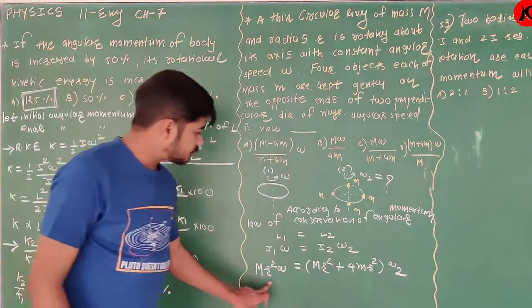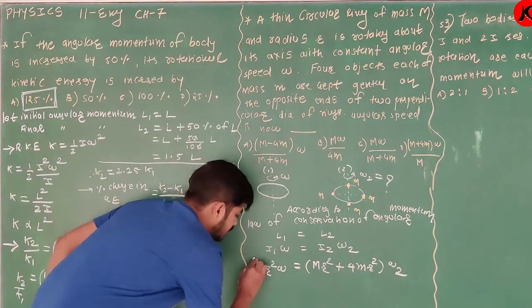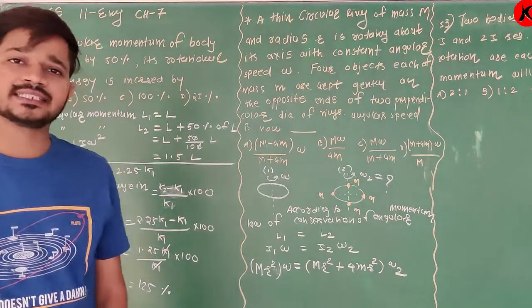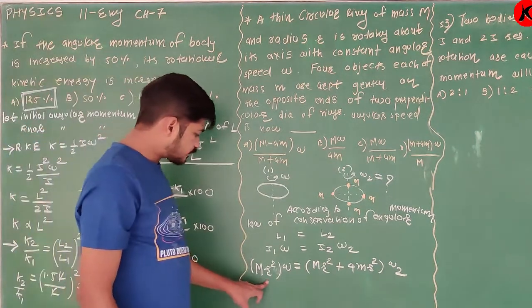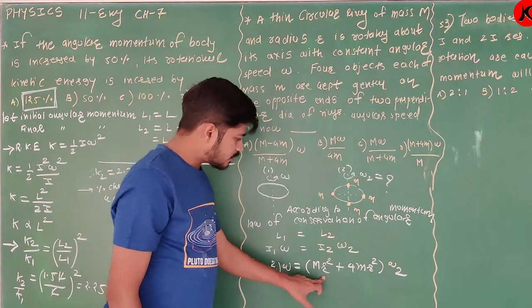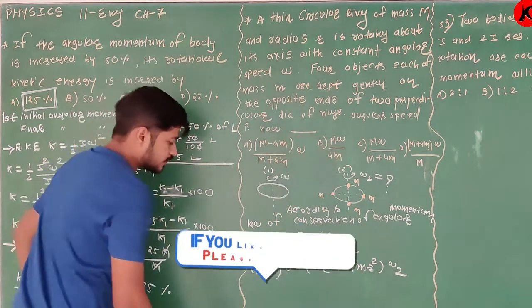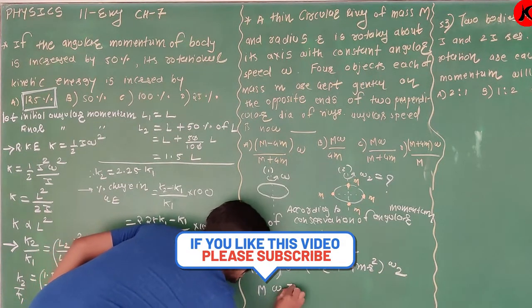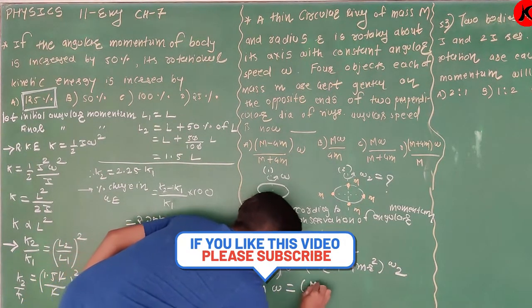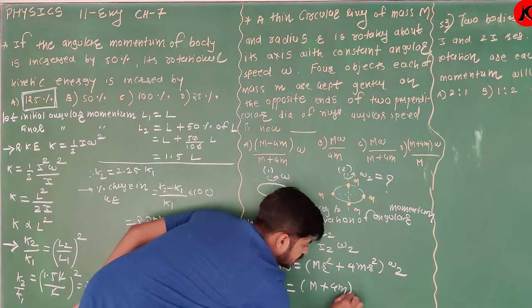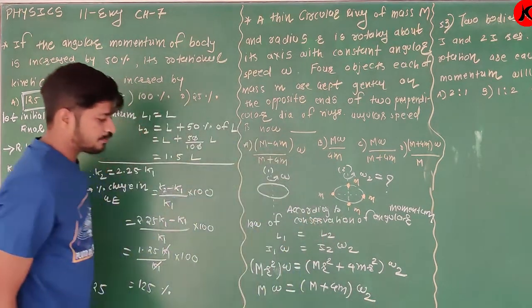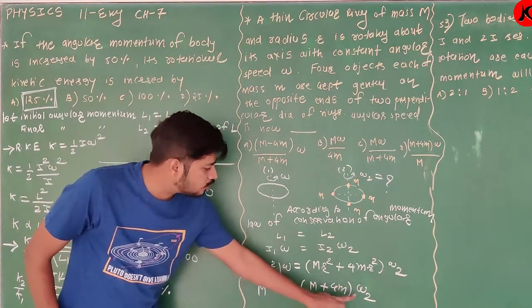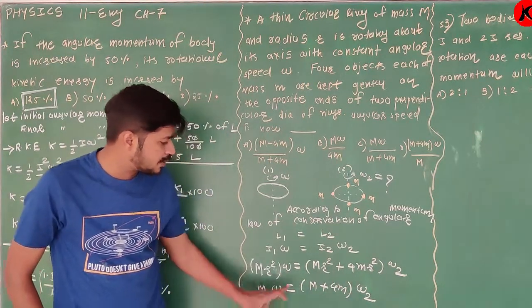So what is the difference in these two cases, you can easily understand. Now see, r square is common on both sides. So I can write this equation as m omega is equal to m plus 4m, omega 2. Now make omega 2 the subject: it is m omega upon m plus 4m.